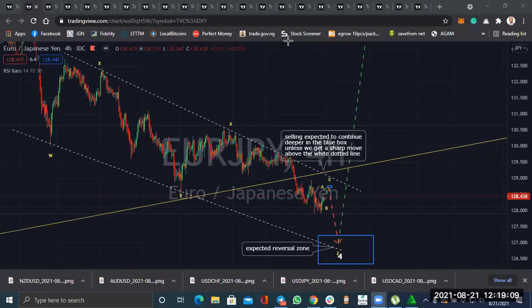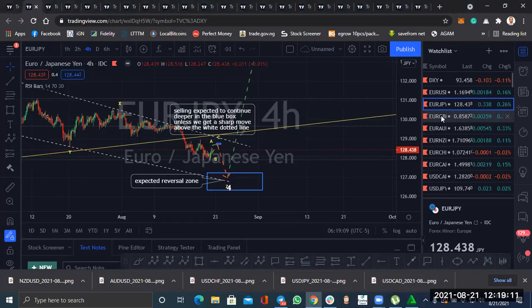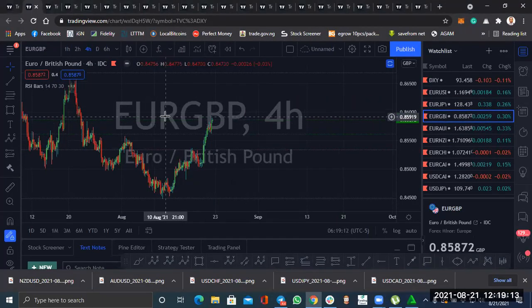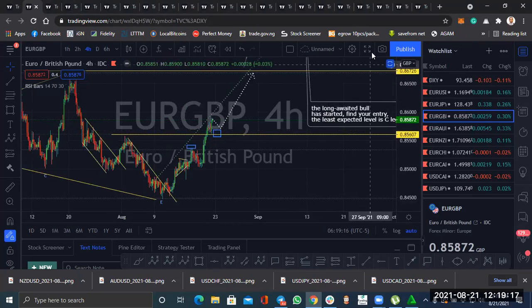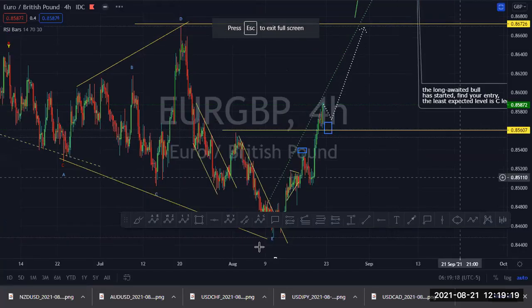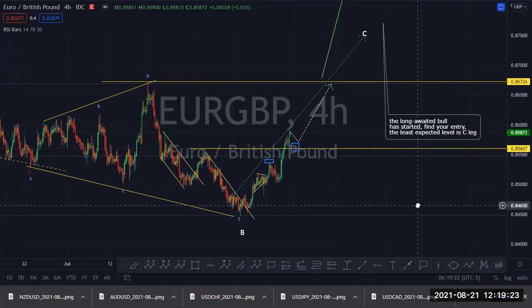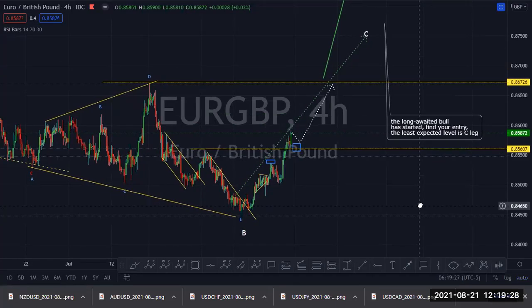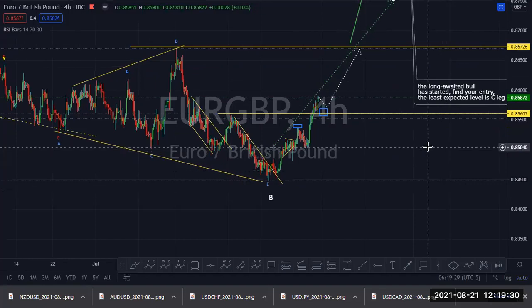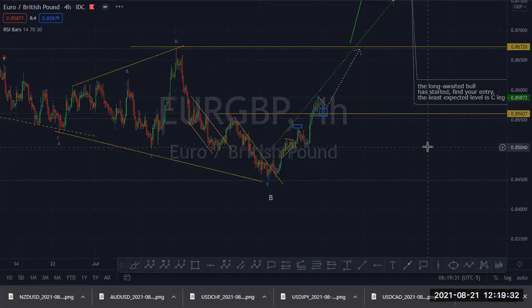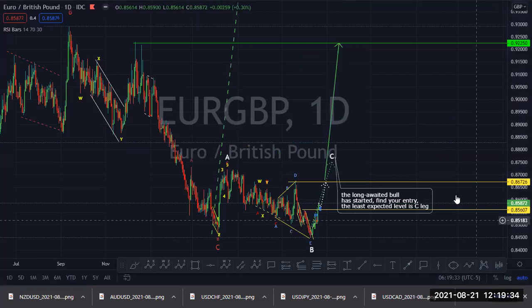Okay, we go to Euro GBP. We are still expecting, let me go to daily to show, for a long time, we have been expecting the daily candle to move.